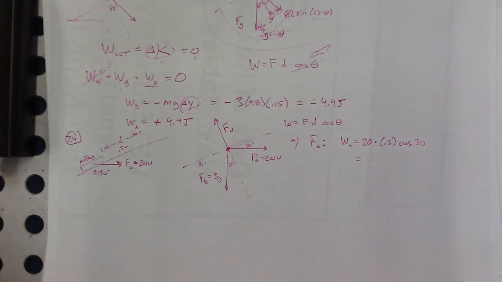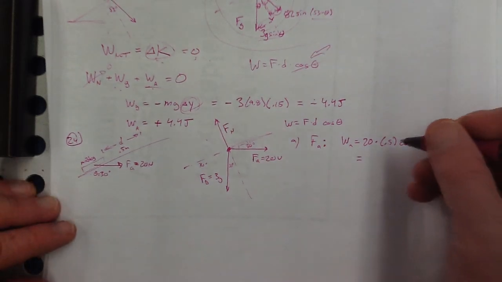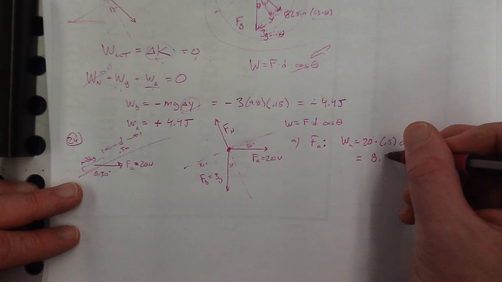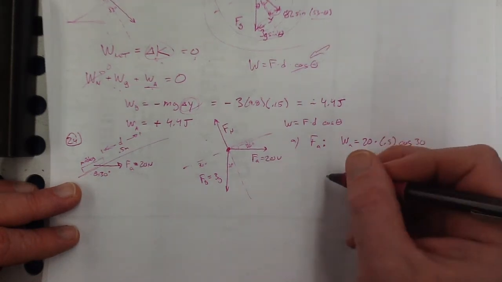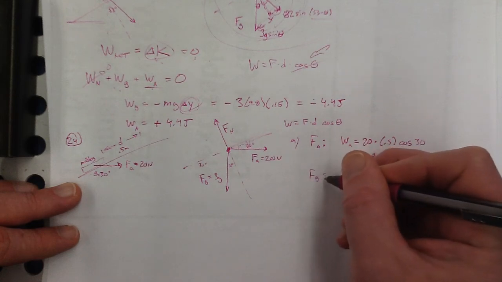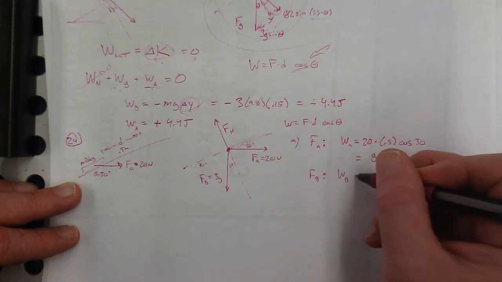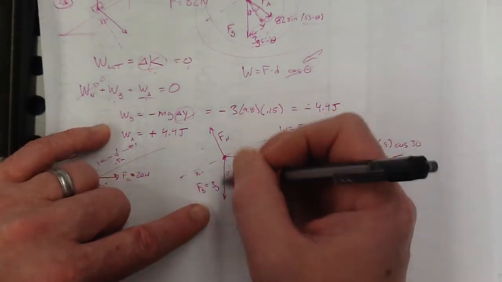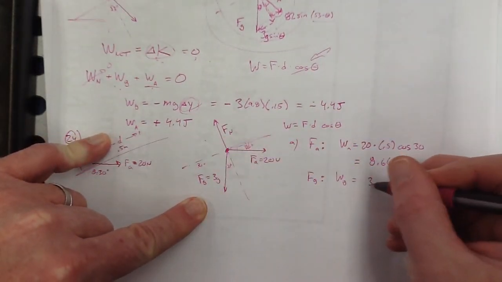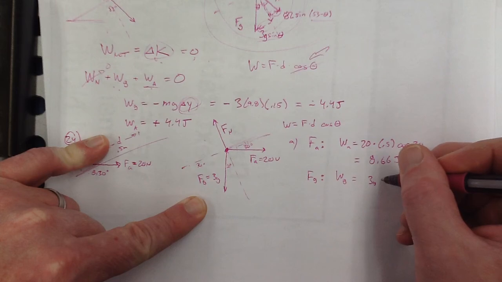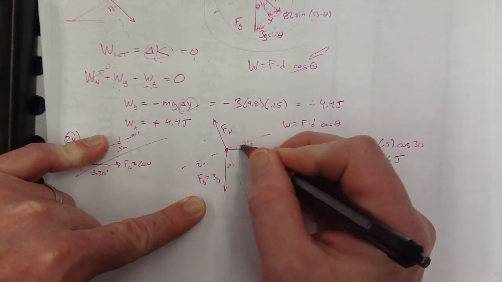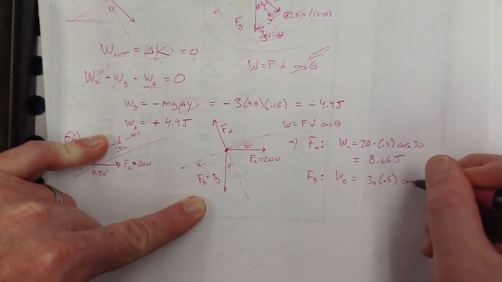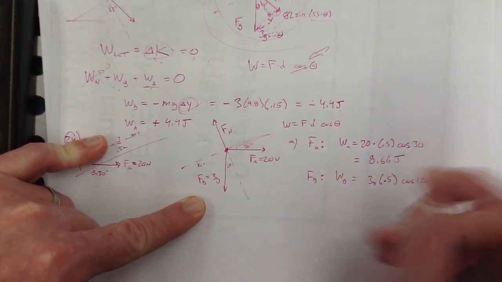So let's see what we got there real quick. 20 times 0.5, pretty sure that's 10. So that's about 8.66 joules. And then the gravitational force, the work done by that, is going to be equal to the force, 3g, times the displacement, 0.5, times cosine of the angle between those, which is 120.